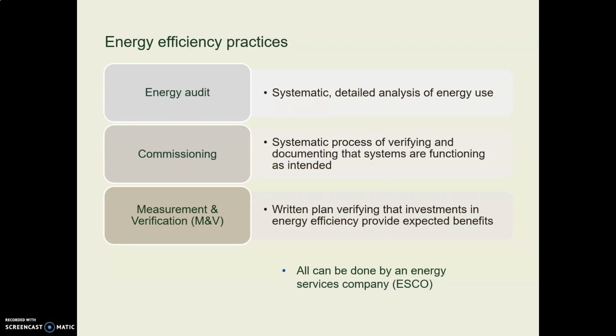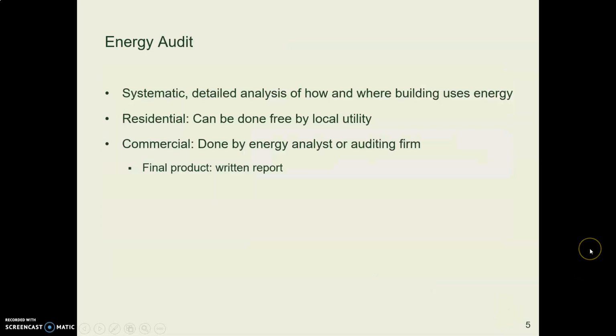There are these three puzzle pieces that you might use in an energy efficiency program: an energy audit, commissioning, measurement, and verification. And these all involve collecting data and making measurements. An energy audit is where you figure out how is your building using energy and how much is it using, and maybe you want to figure out where is it losing energy.